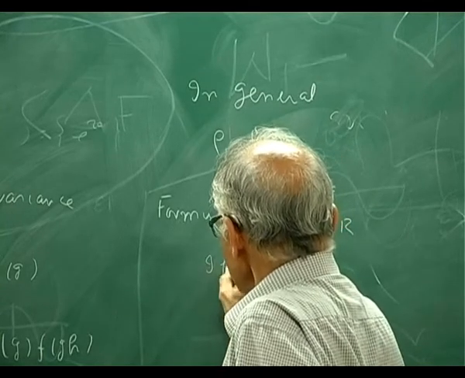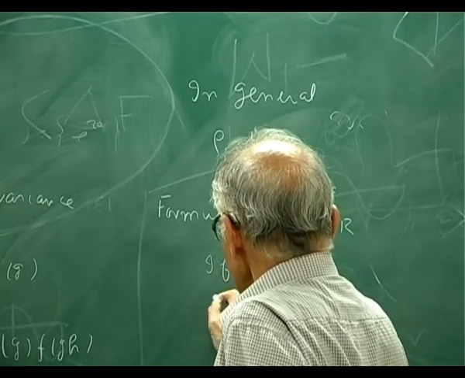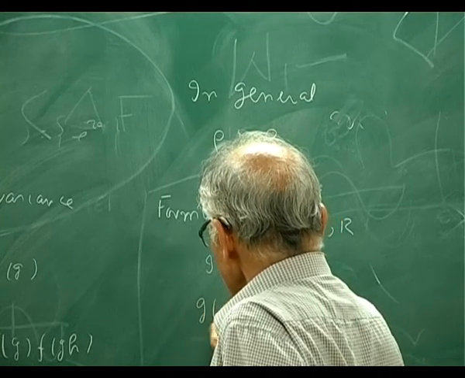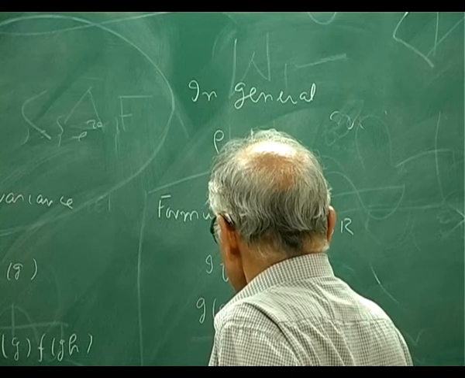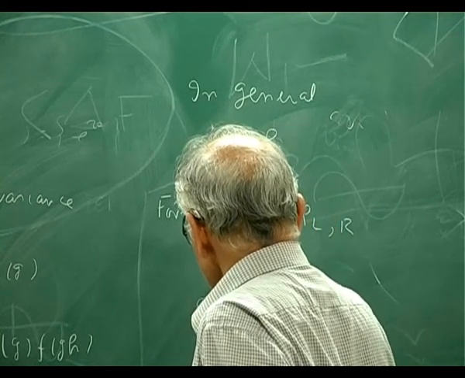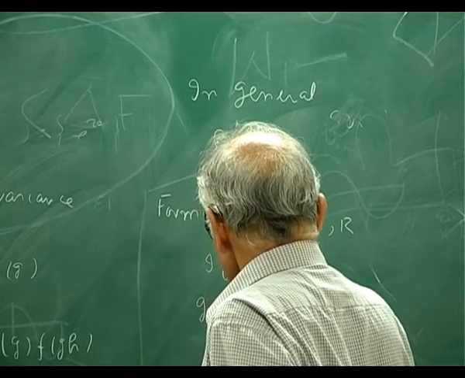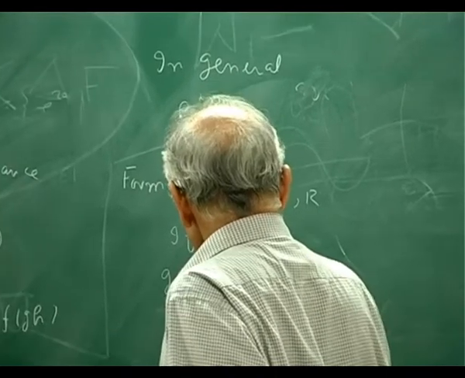If G of A, G of B is G of A times G of B, is G of phi AB.